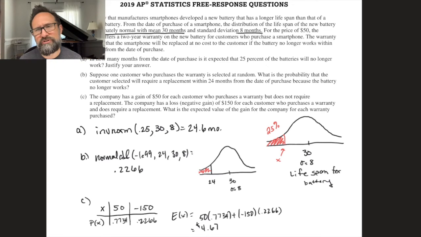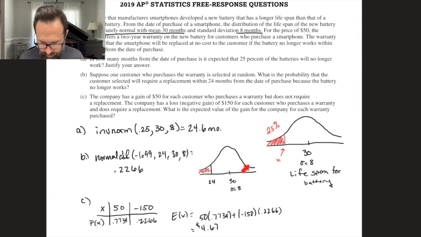I didn't have to redraw the picture, but I did it anyway, because I wanted to shade it and I didn't want a confusing image between these two pictures. And so I wrote down what's less than 24, with a mean of 30 and a standard deviation of 8. Obviously I'm looking for probability this time, so I'm using normal CDF.